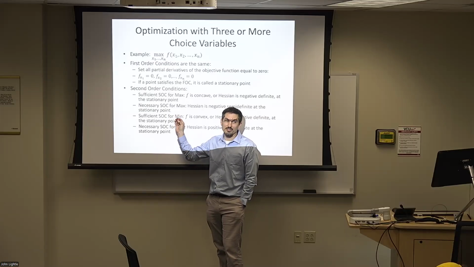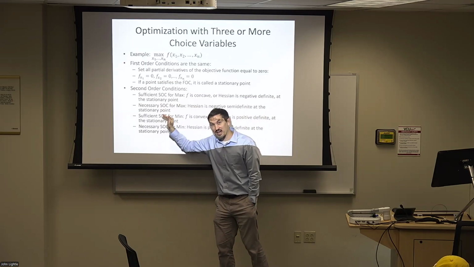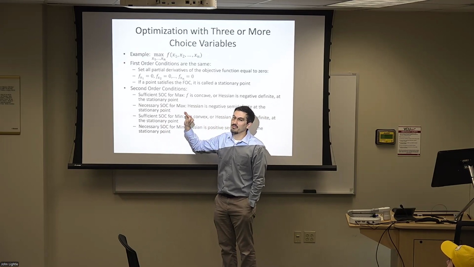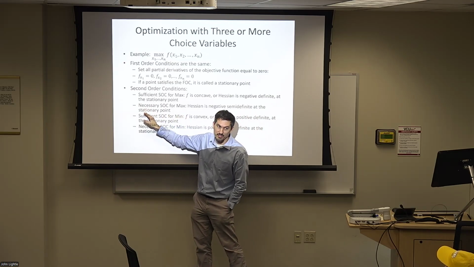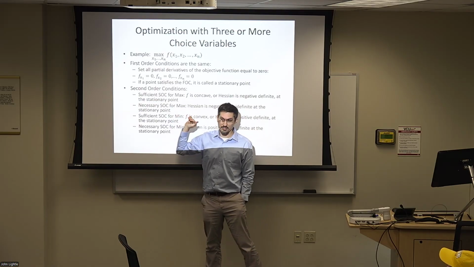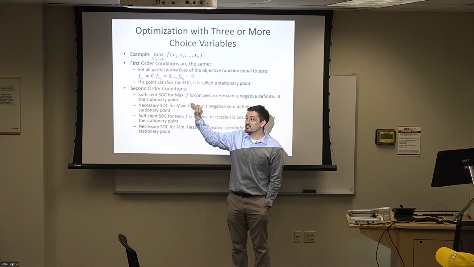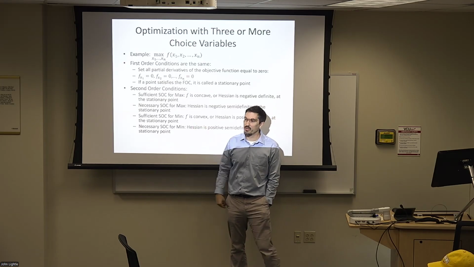You're still not absolutely sure, but you can't rule out that it's a maximum. If the necessary second order conditions are not met, then you can rule out it being a maximum. It can't be a maximum. That's the point of the necessary condition. In my mind, they're weaker than the sufficient conditions, which say if these are satisfied, then we know for sure it's a maximum. Okay.